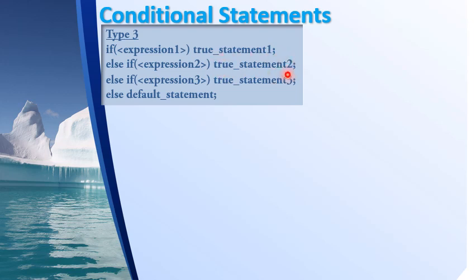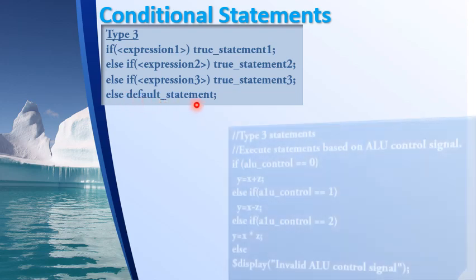There will be a set of statements. If expression 2 is false, then it will come to check else if expression 3 and so on. So you can have any number of else if statements, and finally if none of the expressions are true, then it will come to the else block where the default statements are executed.